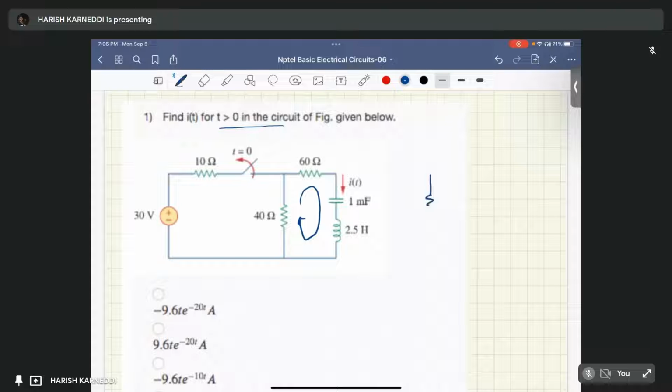Then the circuit will be like this, right? After t equal to 0, this is 60 ohms, and this is 40 ohms, and 1 millifarad, and 2.5 Henry. We need to find out the current.